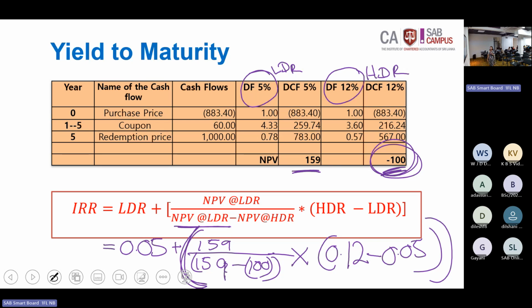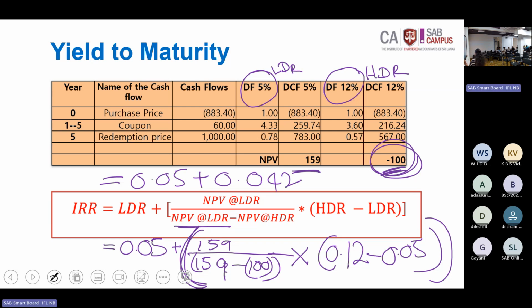Okay, what's the value there? This part's value, how much is it? 0.05 plus 0.042. Am I correct? Yes.